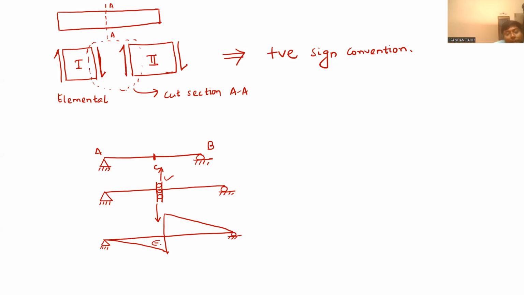This is negative, this is positive, and this complete lift will be unit. This is the ILD for shear.